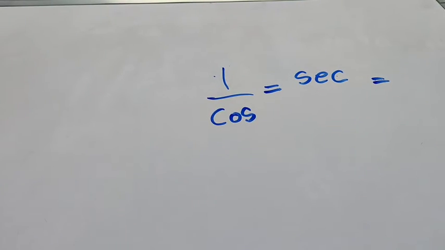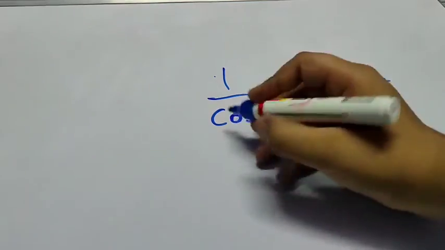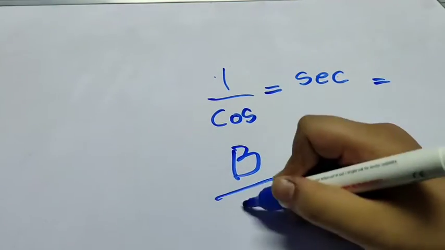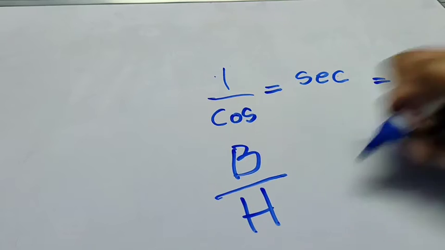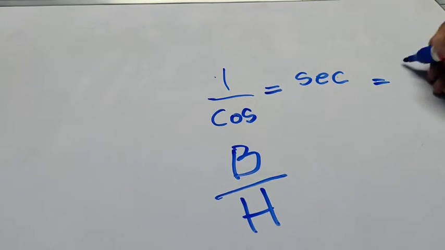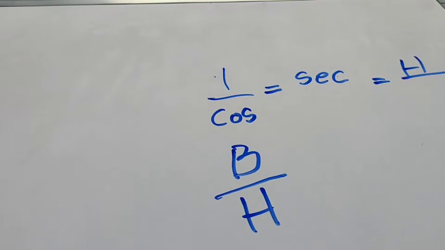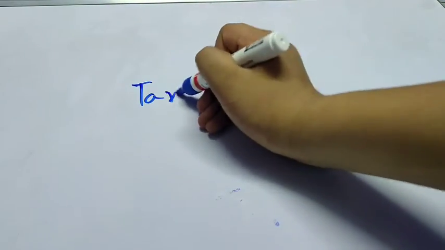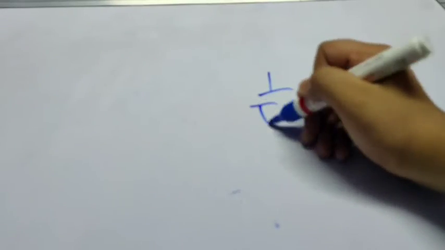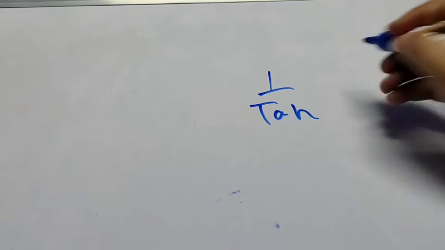And what did we study about cos? It was base upon hypotenuse. So as you know, just reciprocate it. It will be hypotenuse upon base. And we'll be seeing about the tan. So 1 upon tan, we also call 1 upon tan as cot.